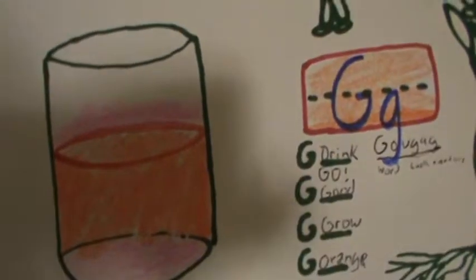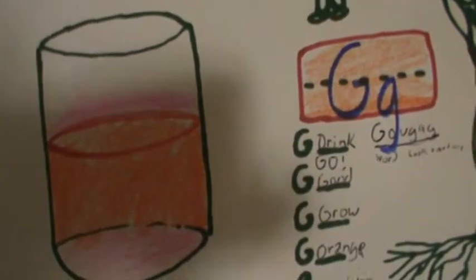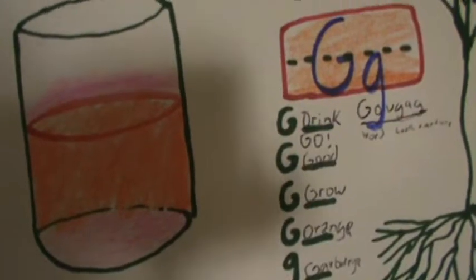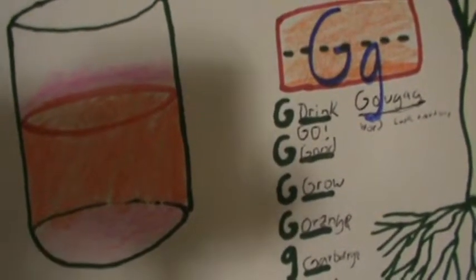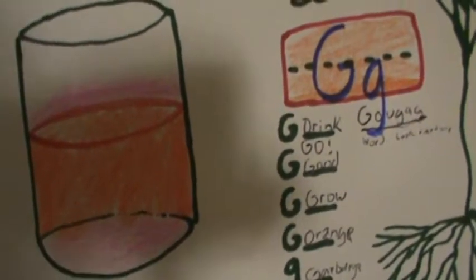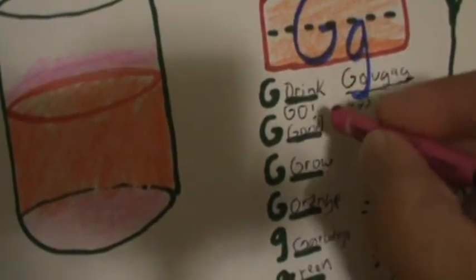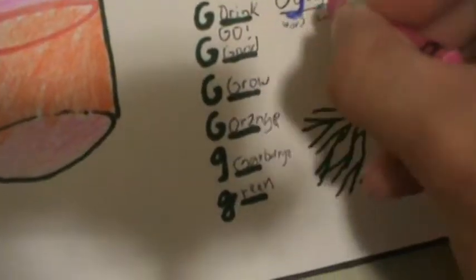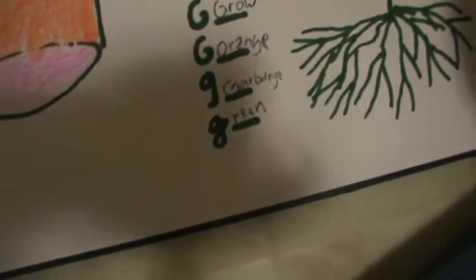That I was craving a little bit of that gug, in my voice. It's like for whenever you drink, more likely you make the sound of g, which may come from one of these words, such as good or grow or orange.